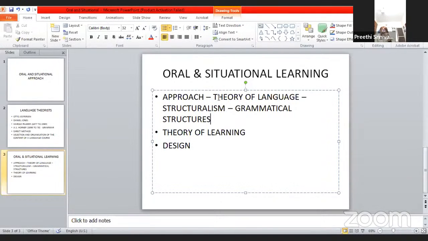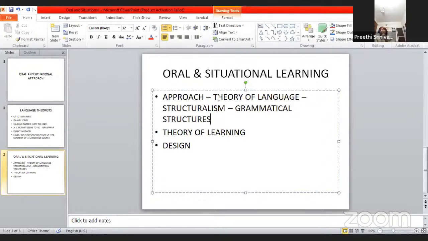So speech was regarded as the basis of language learning, and structure was viewed as being at the heart of the speaking ability. It's obvious, isn't it? Children speak fluently, but they cannot read or write.